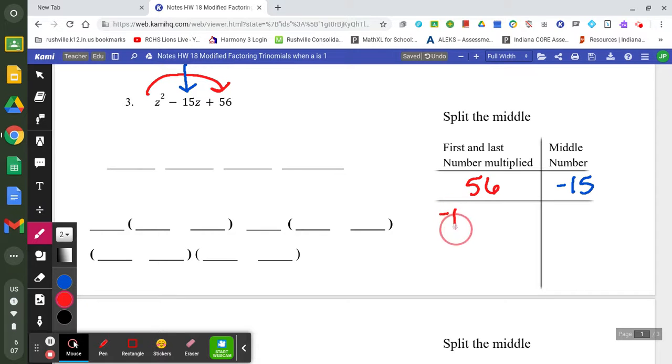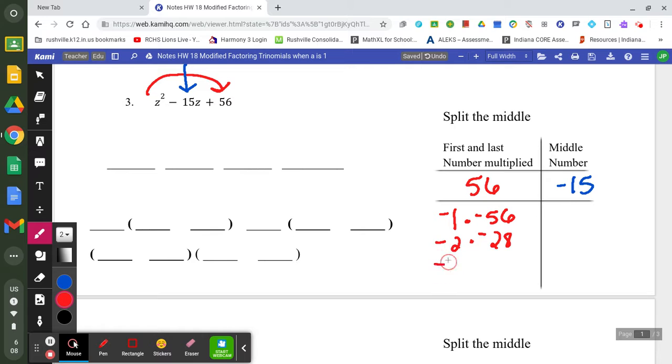So negative 1 times negative 56, negative 2 times negative 28. Let's see if it divides by 3. No. Divides by 4.